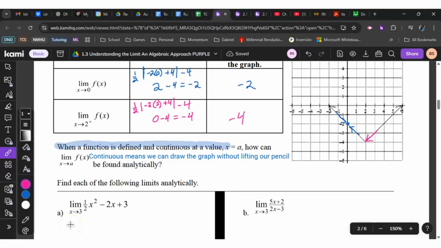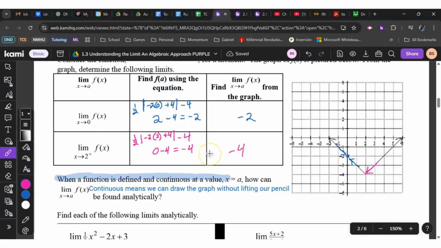Now, how can we find that limit analytically if it's continuous? Well, look at the 2 examples we just did. Did we get a different answer when we took the limit versus plugging it into the equation? Or did we get the same answer? Look at what we did. Are they the same or are they different, guys? Are the values different when we took the limit versus when we plugged them in?